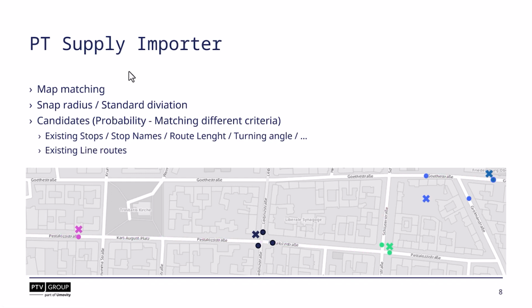In addition, if you don't import into a PT-free network, you can use existing line routes as a guide for the routing. The importer can be pushed to follow streets which are already used by public transport lines for routing the new ones.